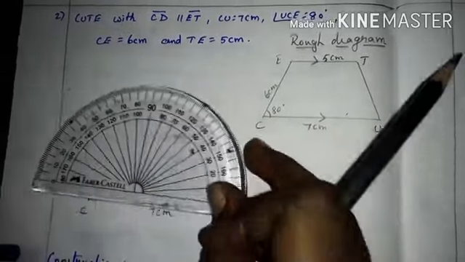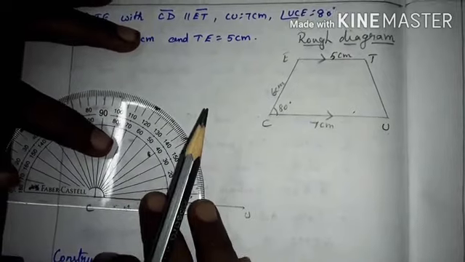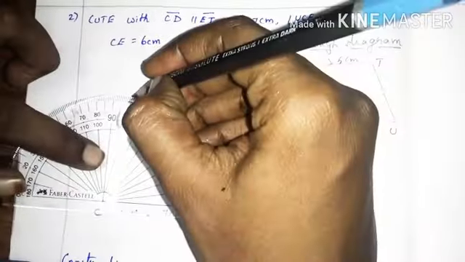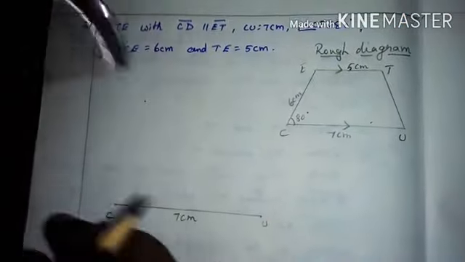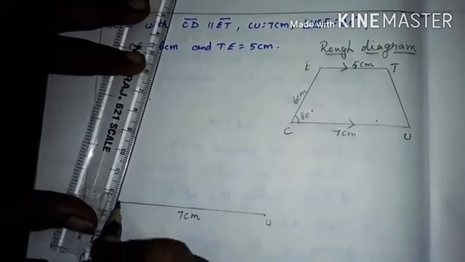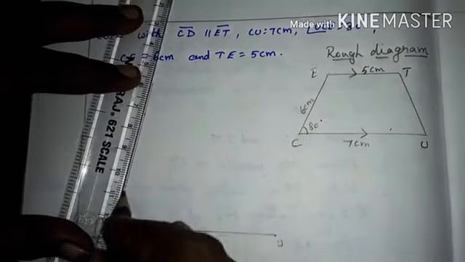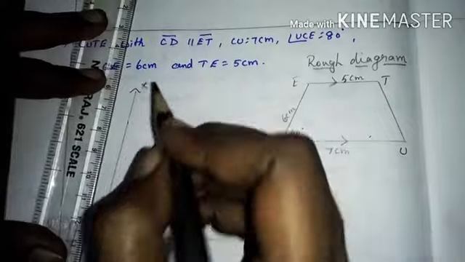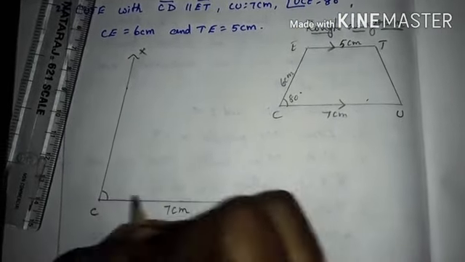For that, you have to keep the protractor at C and mark the angle 80 degree. Then join with the ray CX.